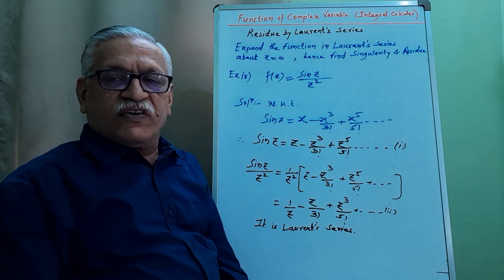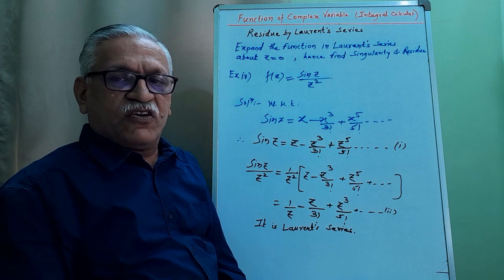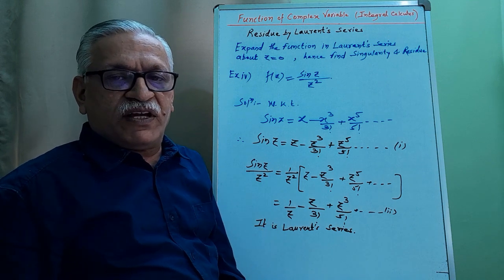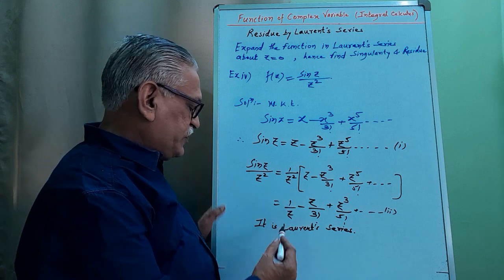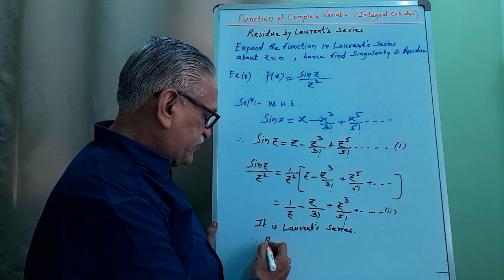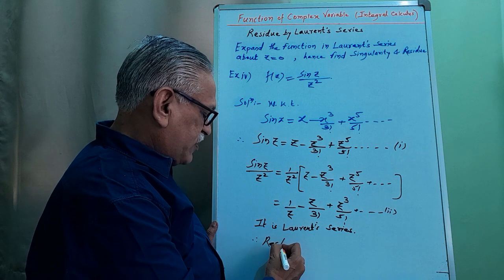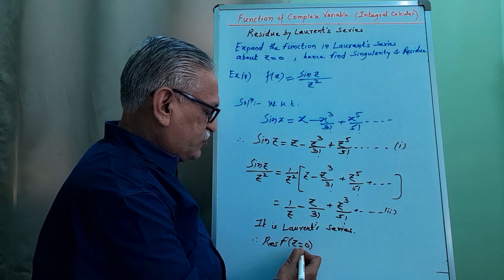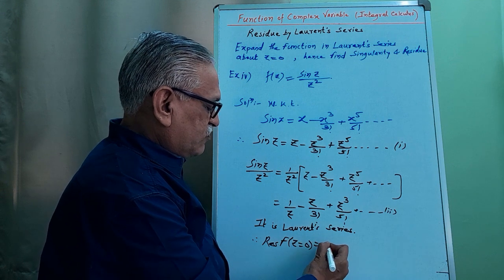Then we check whether there is any term of 1 by z or 1 upon z minus a. Here the first term is 1 by z. Then its coefficient gives the residue of that function f at the pole z is equal to 0 as 1.